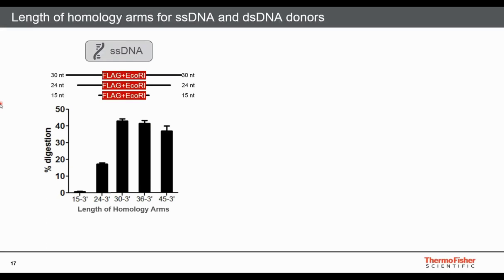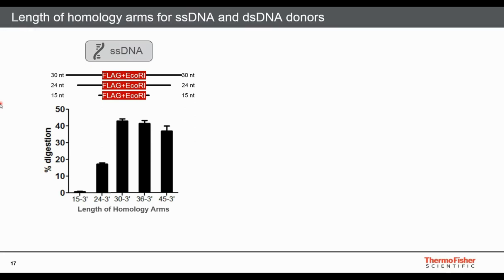And so for this first experiment with single-stranded DNA, we created donors that had a FLAG EcoRI insertion and then different homology arm lengths going from 45 down to 15 nucleotides long. And what we see here is that when we're using 15 nucleotide homology arms, we get very little knock-in rate. This percent knock-in is pretty low.